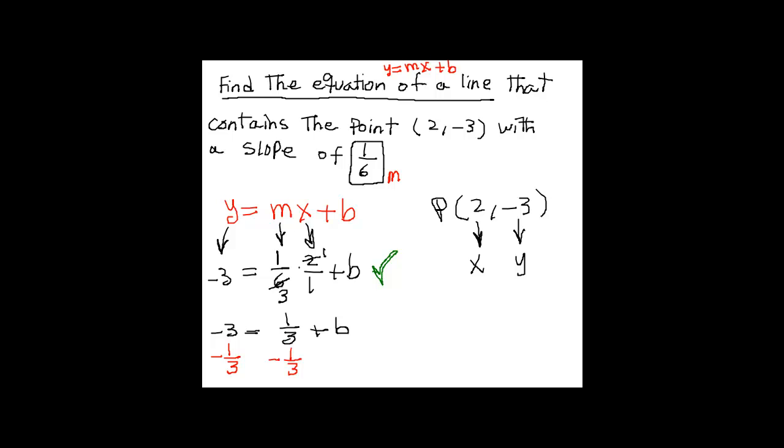Simple as that. Okay, and then you would get -3 minus 1/3 is equal to b. So b, the y-intercept, would be equal to -3 over 1 minus 1/3.